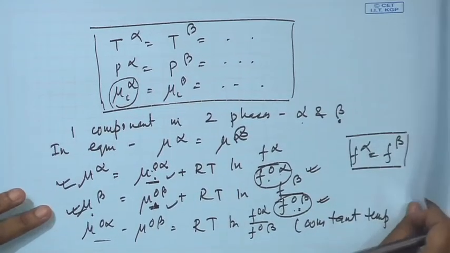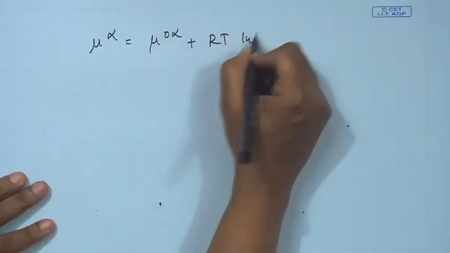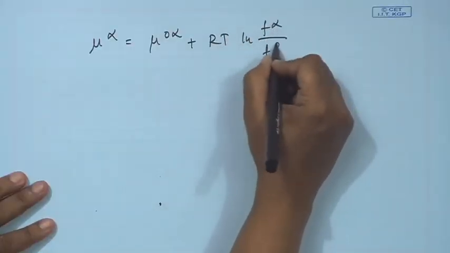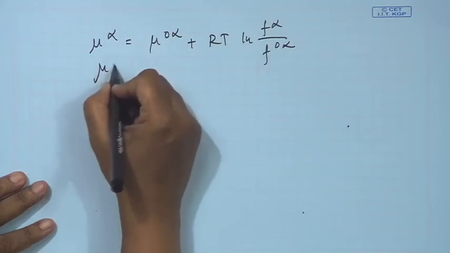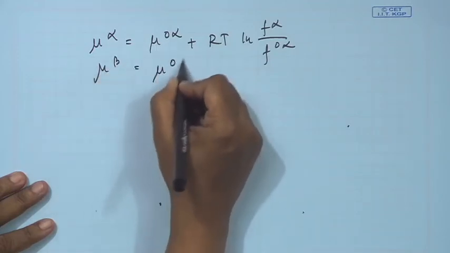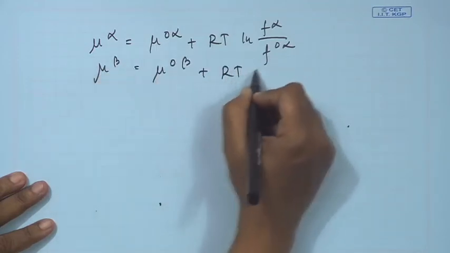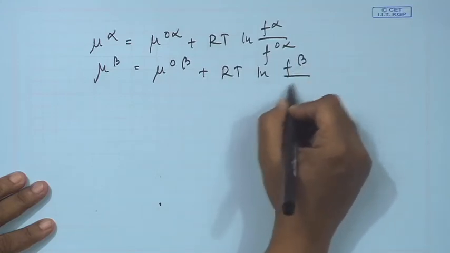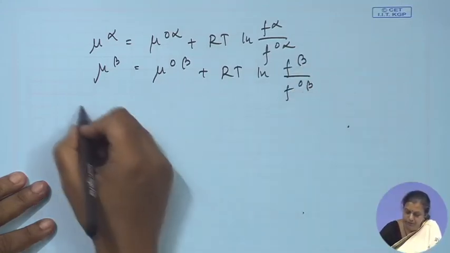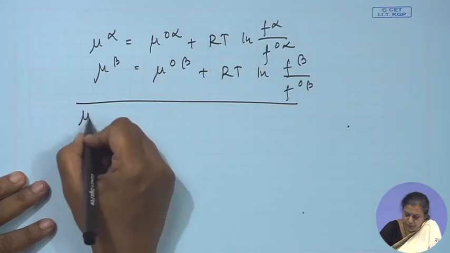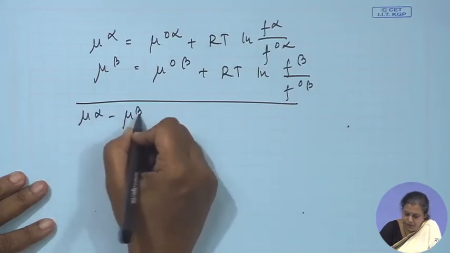If we replace, what do we get? Let us see. The first condition was mu alpha equals mu 0 alpha plus RT ln f alpha by f 0 alpha. Second thing was mu beta equals mu 0 beta plus RT ln f beta by f 0 beta. If we subtract one from the other, what do we get?